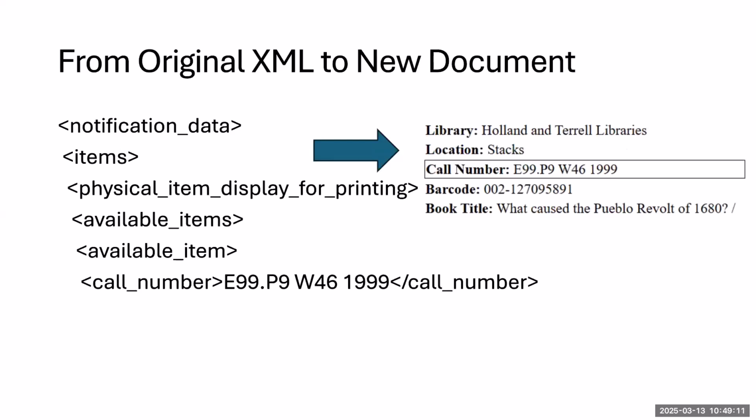And in this case, you can see this is just Alma letters, which is a very good example of XSL that most of us use all the time. What you have here is a function that says, go find the notification data, items, physical item display for printing, available items, available item, call number through XPath, and then put it into this place here and draw a box around it, right?